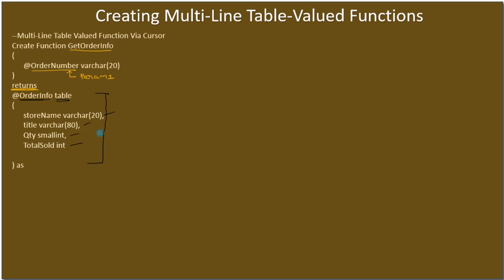There are 4 columns, and we are defining the table on the fly inside this multi-line table valued function. We haven't yet defined the body. At present we specified the parameter, and we defined the return table and its columns along with the data types.